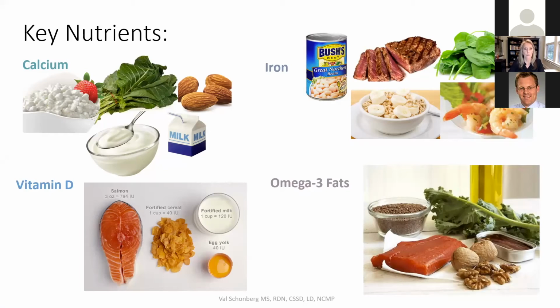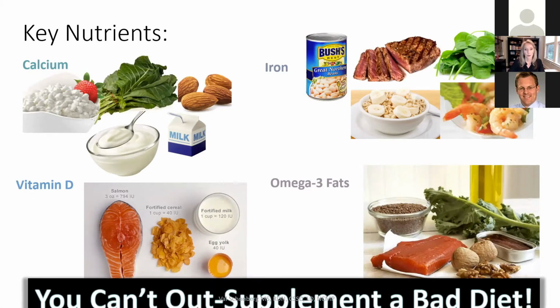So we want to make sure that we're eating a balance of those foods, especially if you're trying a vegetarian or vegan eating pattern, which is totally fine. But again, we need to make sure that we're getting enough iron containing foods on a regular basis. And even something like omega-3 fatty acids, really helpful in terms of overall health.